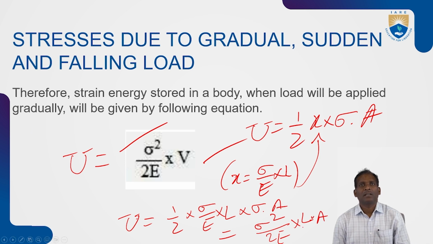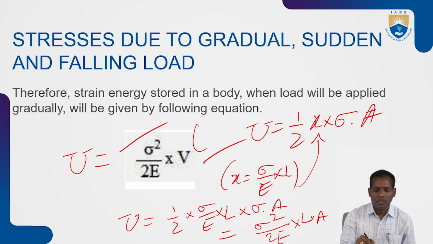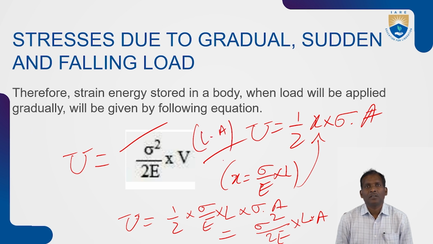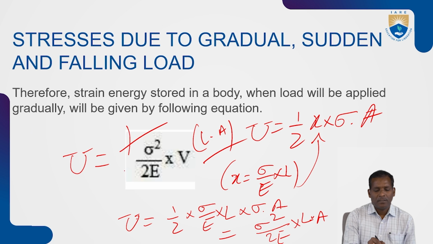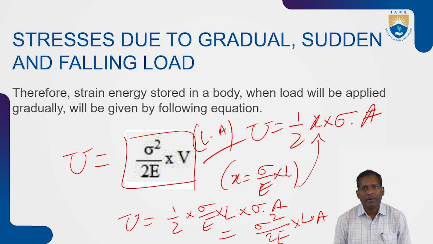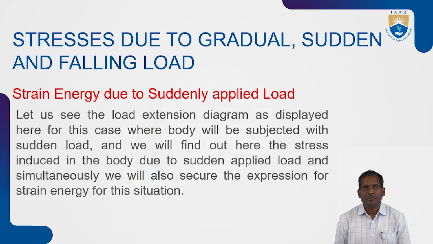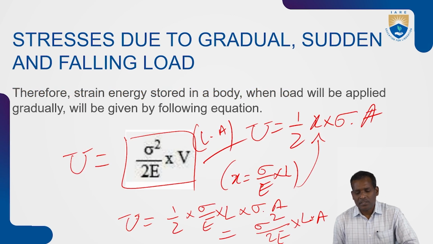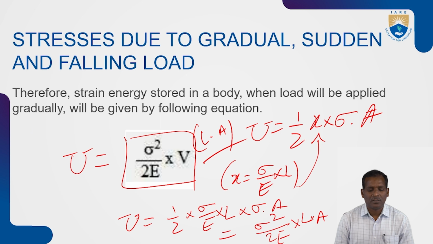Length multiplied with area is nothing but volume. So the strain energy is equal to sigma square by 2E multiplied with volume, whenever the load is applied gradually.